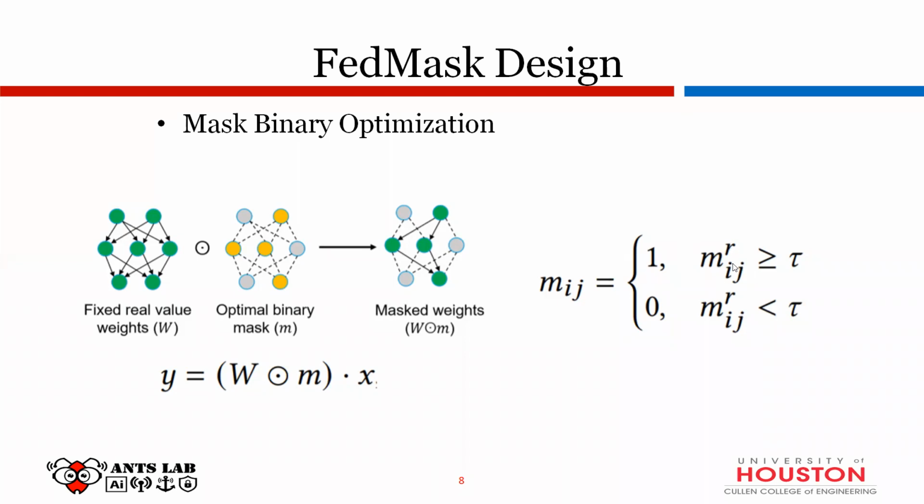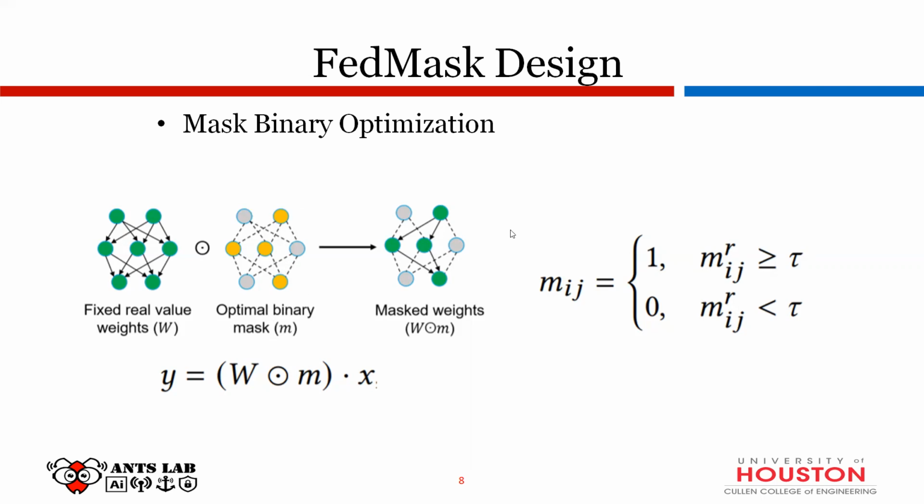So we will be given an initialized real-valued mask, and then we go into this threshold. In this paper, the threshold is designed to be 0.5. If the corresponding unit is more than 0.5, it will be 1, and if it's less, it will be 0. That's how we get the binary mask.